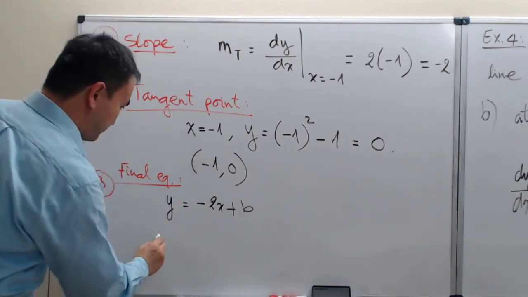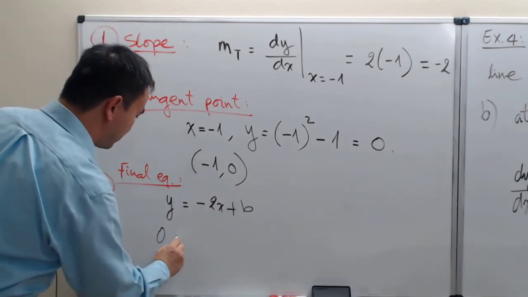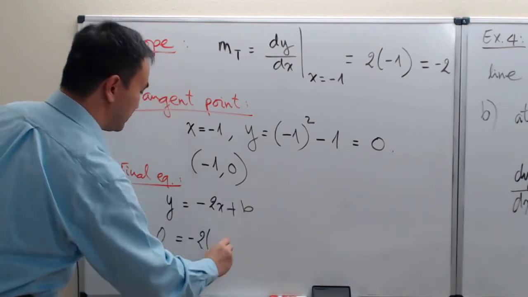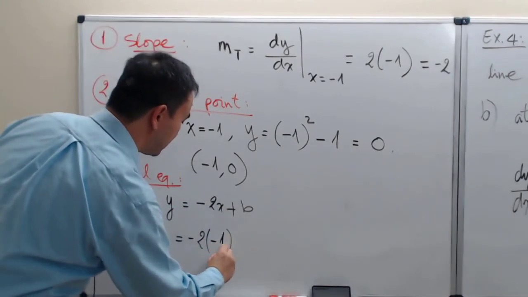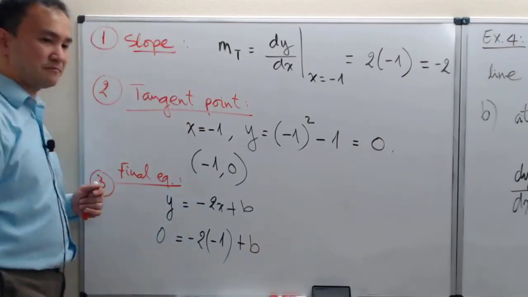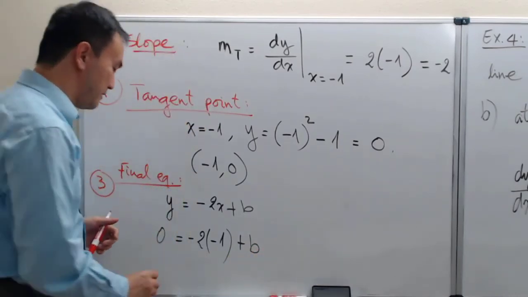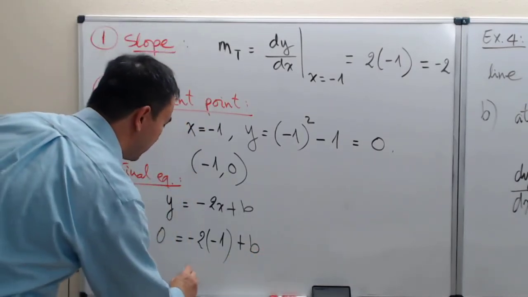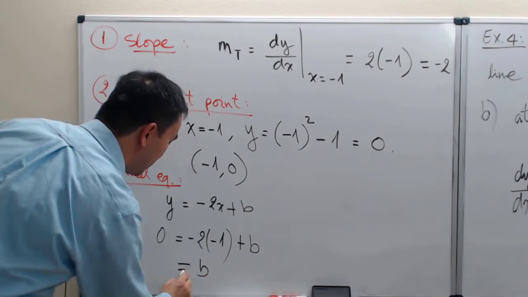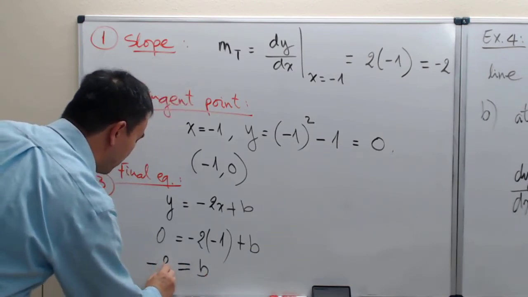So here, 0 for y equals -2 times -1 for x, plus b. So now my final value for b can be found to be b equals -2.